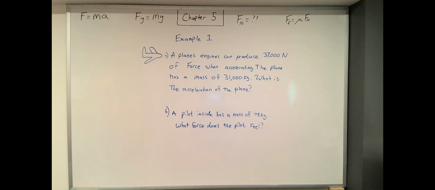So for this, it's again F equals ma. This time we're looking for the force. We're given the mass of 78. And we know that the whole system accelerates at the same rate because the pilot and plane are together. So the whole thing is going to accelerate at this 1.194.